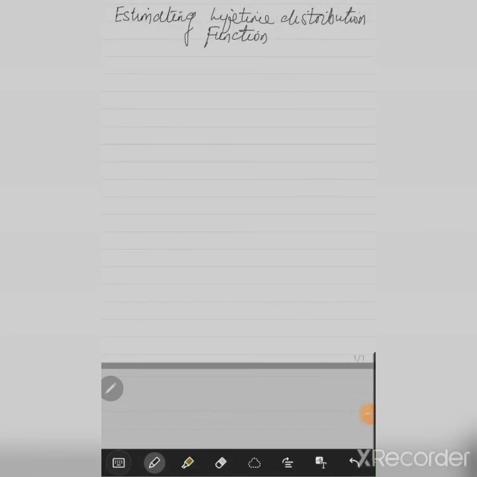In the earlier session on survival models, we spent quite a good amount of time understanding the random lifetime variable Tx, and we found the functions relating to the distribution function Fx of t, and the survival function Sx of t.